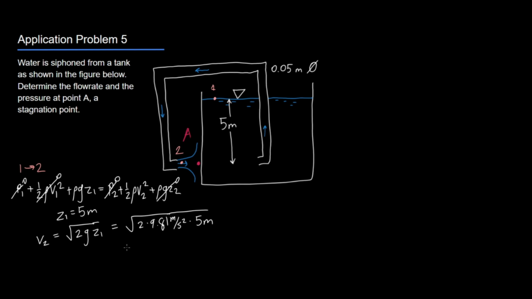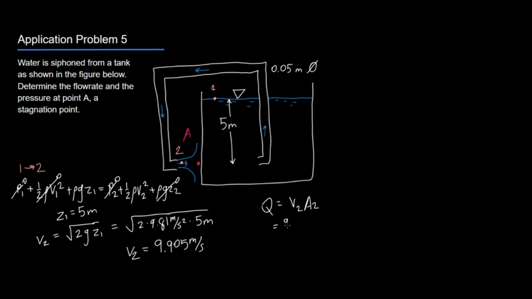And so V2 becomes 9.905 meters per second. We then want to find the volumetric flow rate. So Q is equal to V2 A2, and A2 here is just the area of the pipe.